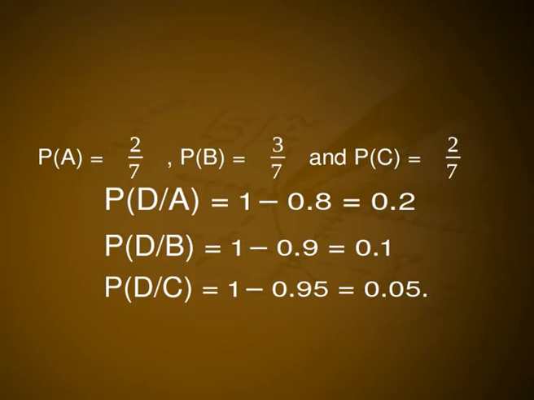Also, P of D given A equals 1 minus 0.8 equals 0.2, P of D given B equals 1 minus 0.9 equals 0.1 and P of D given C equals 1 minus 0.95 equals 0.05. It is required to find P of C given D.